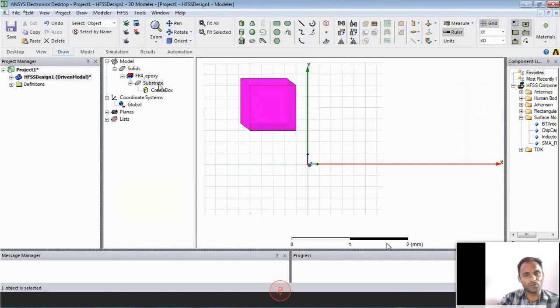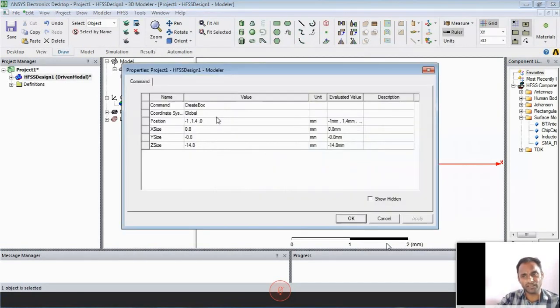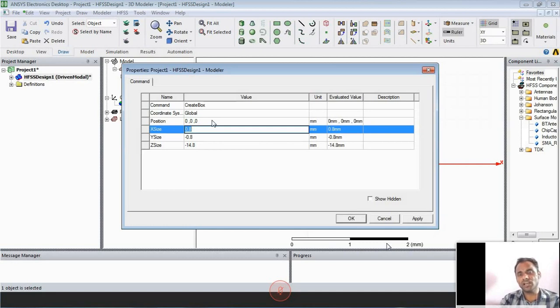So now my substrate box is ready. So go for create box. Yesterday itself I told you I'm taking the origin as my position. So here my position is 0, 0, and 0. Today also I'm taking a rectangular patch with square ground. This is the combination. So I need to calculate both things: first the rectangle, and then the rectangle will be converted into a square.